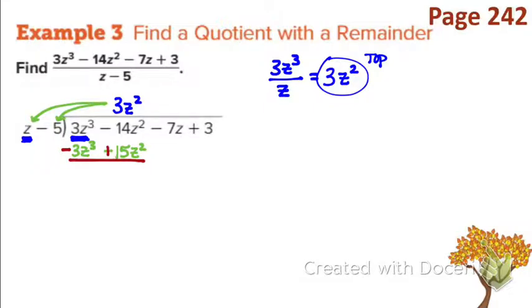It cancels out. That should always be happening. What about negative 14z squared when I combine that with 15z squared? 1. I'm going to have just 1z squared. And then I bring these other two guys down.